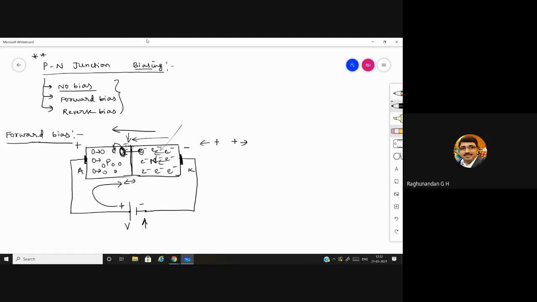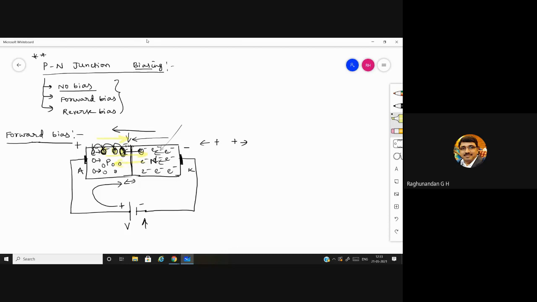Because the voltage is continuously applied, this electron shifts here, this becomes an electron, this becomes a hole, and again it shifts. See, we have holes moving in this direction, and electrons moving in this direction.